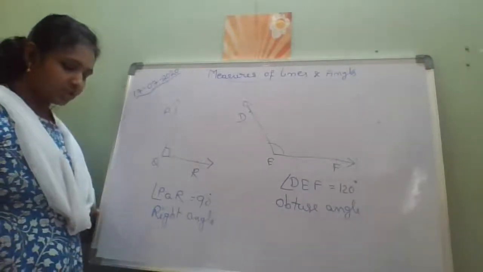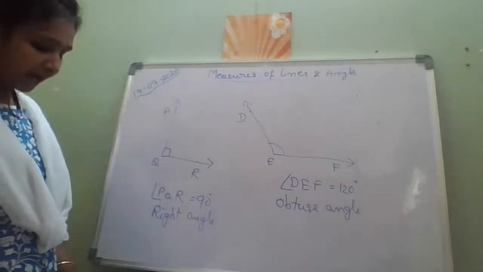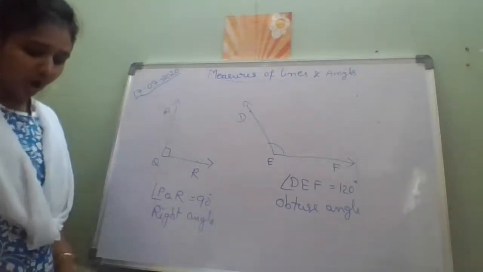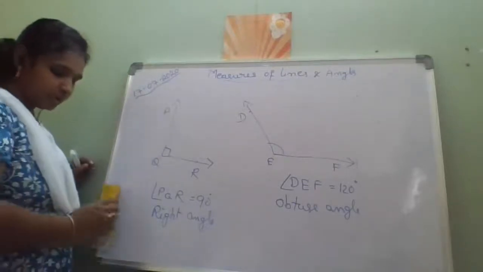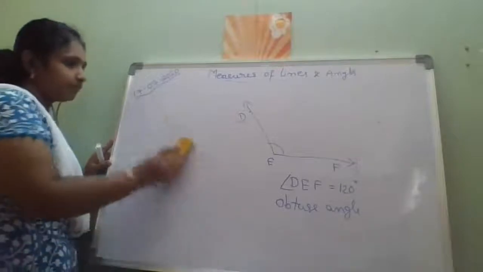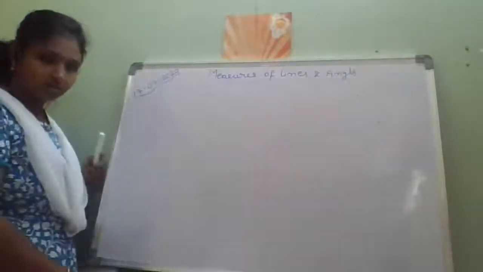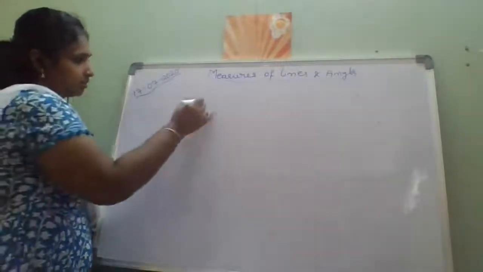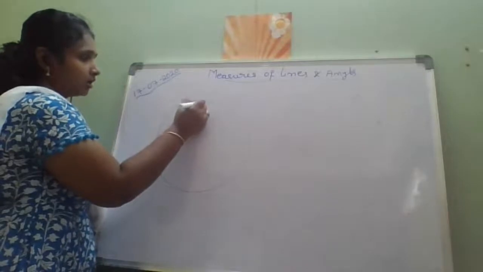Okay, next, write the type of angle formed between the long hand and short hand of a clock at the given times. So, 9 o'clock. This is the clock.